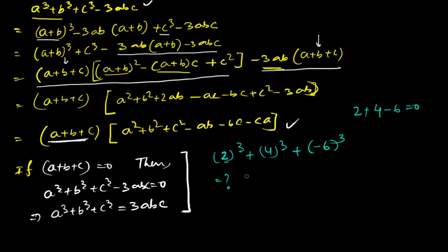So that's equal to 3 times 2 times 4 times minus 6, which is minus 144. A simple calculation just by using the formula. We need the deduction of this original formula later.